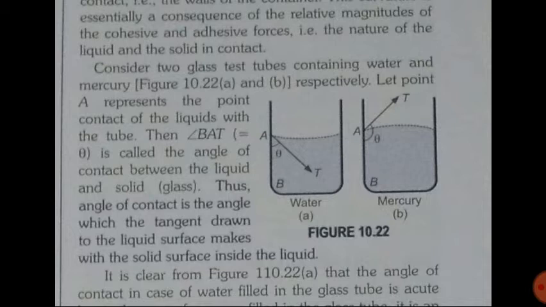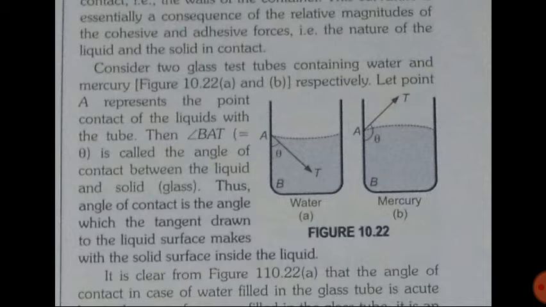According to these shapes, we have different types of angles between the surface and the wall of the container, which is inside the liquid. Most of the students make one mistake. What mistake do they make?